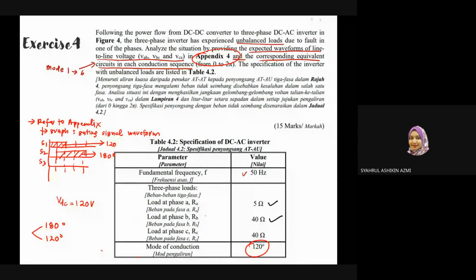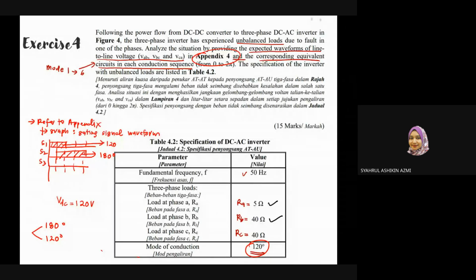Okay, these are the loads. So your RA will be equal to 5 ohm, RB is 40 ohm, and RC is also 40 ohm. Okay, and then the mode of conduction is given in the question here, which is 120.